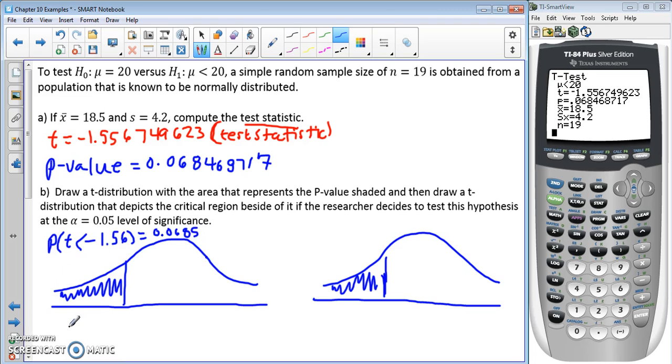So this region is 0.0685, and this value the textbook uses as t naught is equal to negative 1.56.